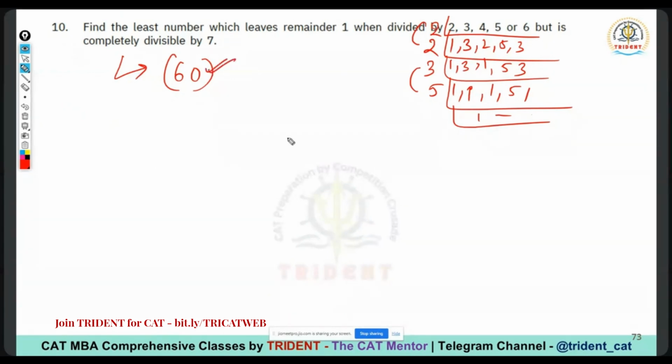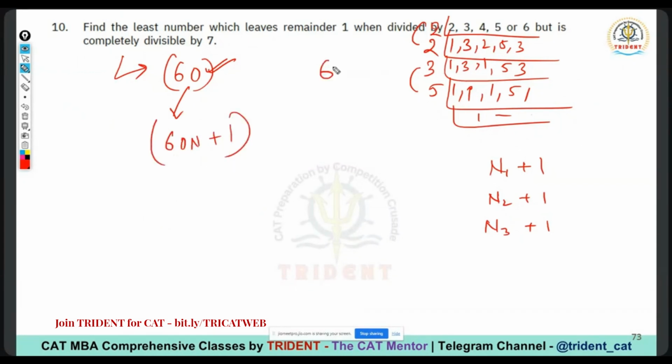I am pretty sure you remember the fact: n1 plus 1, n2 plus 1, n3 plus 1. So can I not write it like 60n plus 1? Let's see if I divide 61 by 4, what is the remainder, Varun? Quickly tell me. 15 4s are 60, 61. So the remainder is 1, correct?